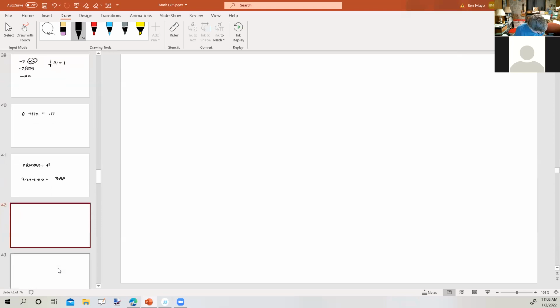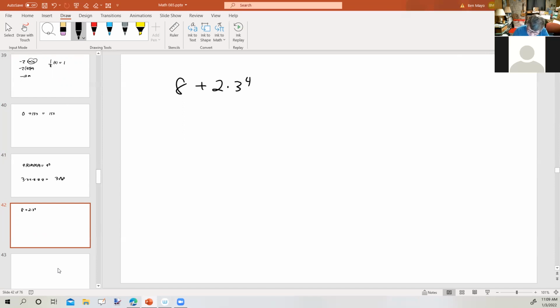All right. How about this? Evaluate the expression: 8 plus 2 times 3 to the 4th power. Now, order of operations: grouping symbols, then exponents, then multiplication or division, whichever comes first from left to right, and then addition and subtraction, whichever comes left to right.